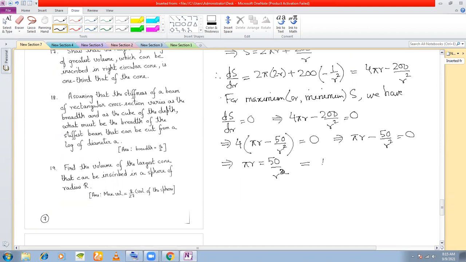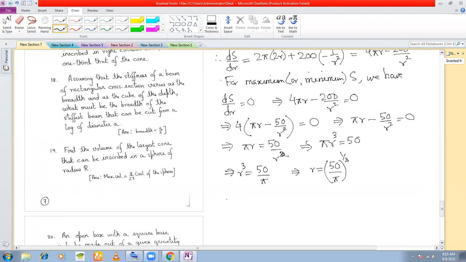So now if you cross multiply, you get pi r cube is equal to 50. That means you get r cube is equal to 50 by pi. That means you get r is equal to 50 by pi to the power of 1 by 3, or you can also say cube root of 50 by pi. Now at 50 by pi, you can have either a maximum surface area or a minimum surface area.